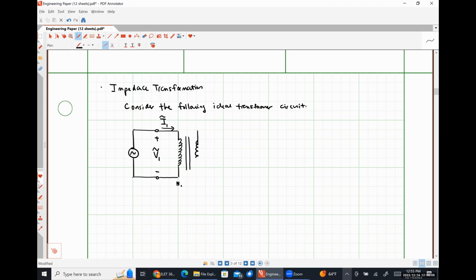Over here on the secondary side, I'm going to see that a current I2 is flowing out of the winding. I'll have a terminal voltage of V2.